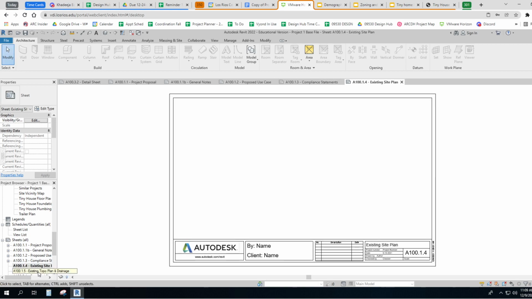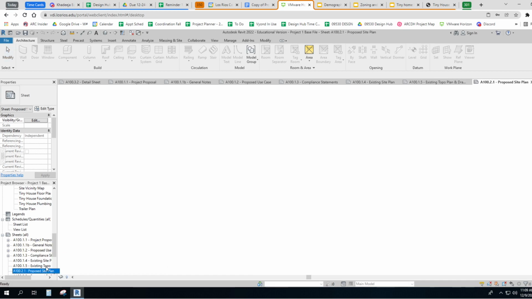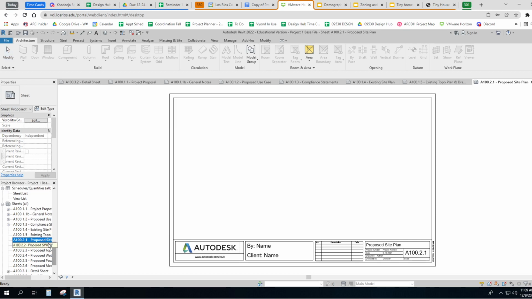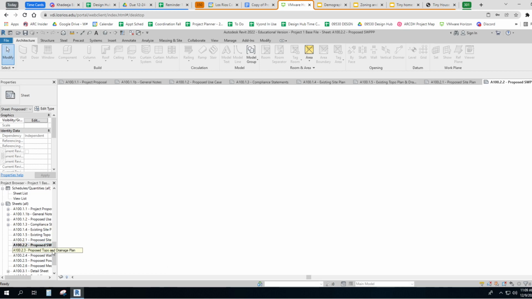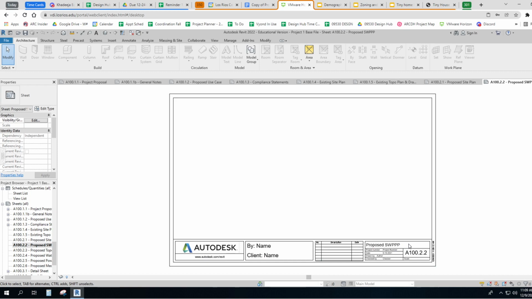We've got existing site plan, existing topo and drainage, if possible, if you know it. Proposed site plan, that's really important. Just to get ahead of the game, proposed stormwater pollution prevention plan, that will be required somewhere in the process.